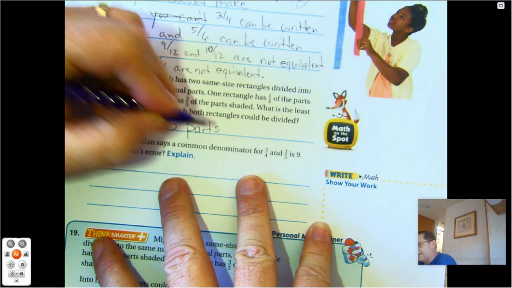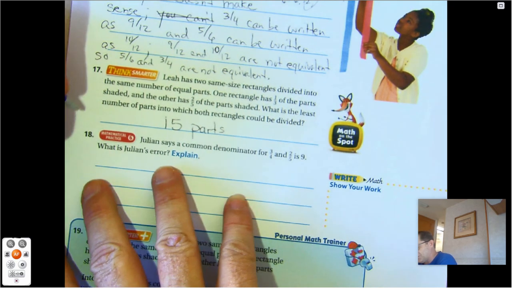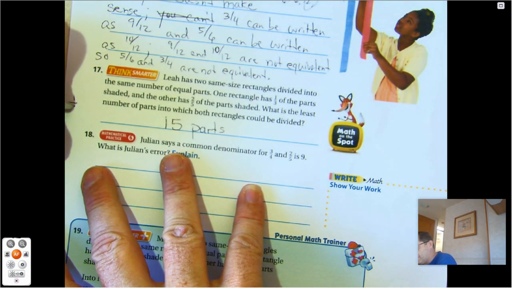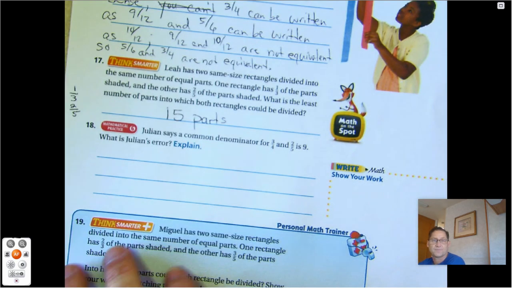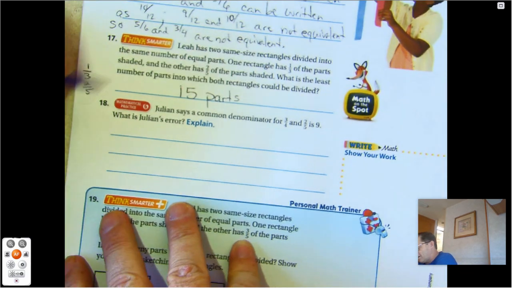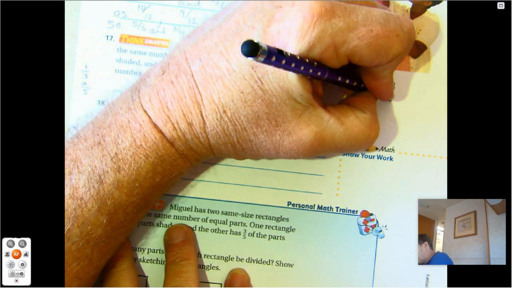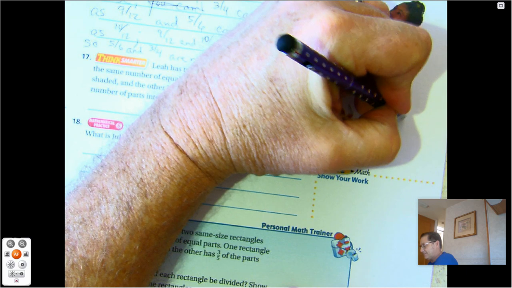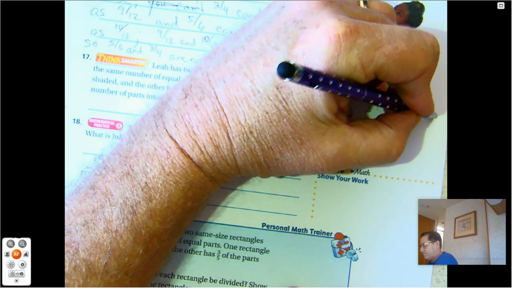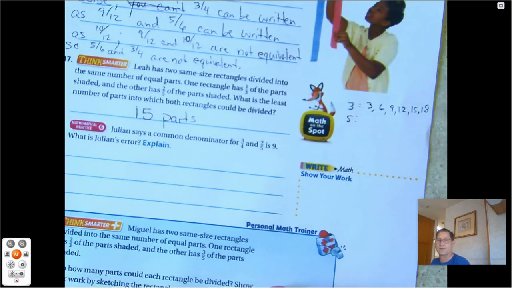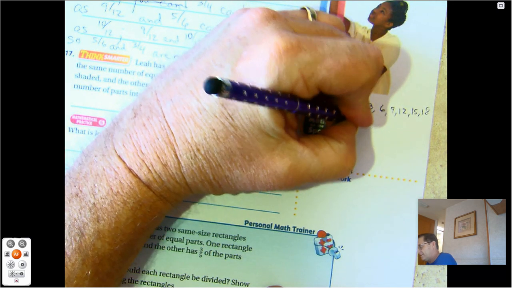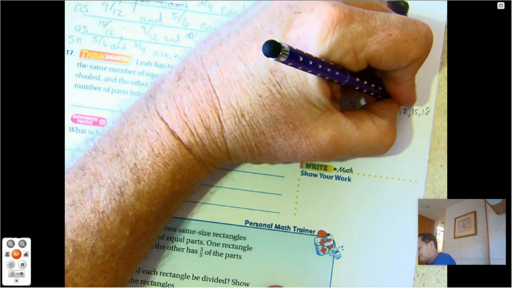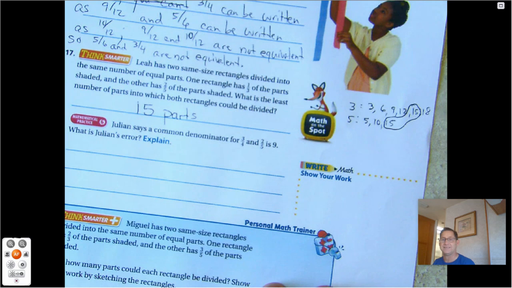What would that look like comparing the fractions and finding a common denominator? 1/3 and 2/5. Well, what is a common denominator of 3 and 5? 3, 6, 9, 12, 15, 18. 5, 10, 15. Okay, I can stop. I see a match: 15.